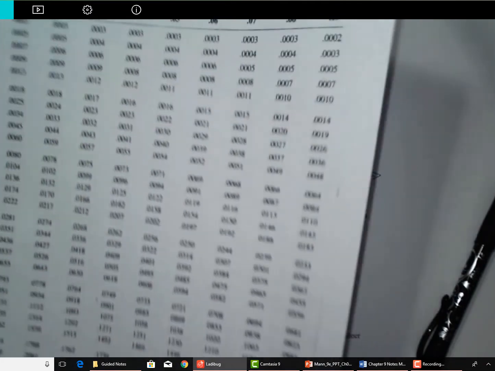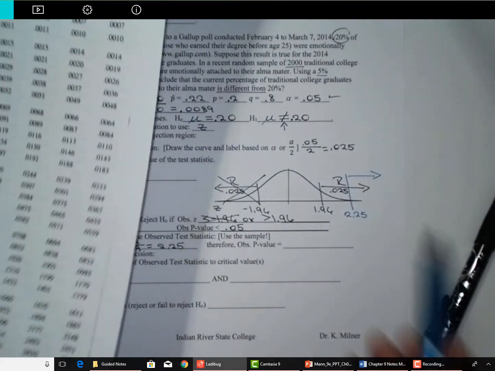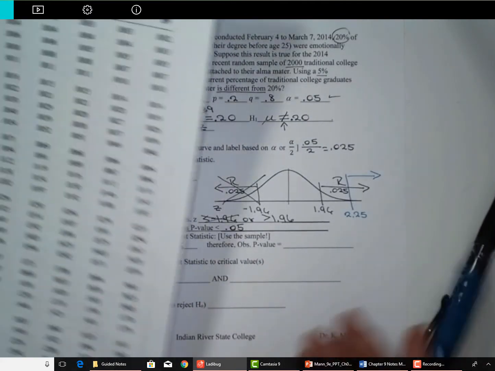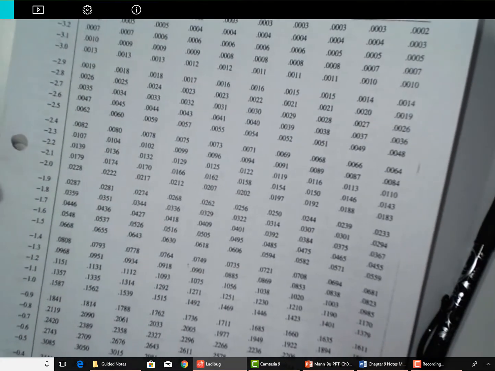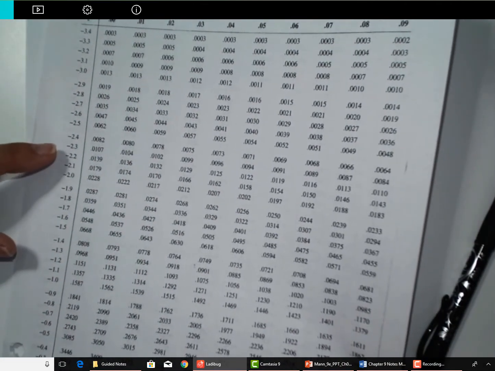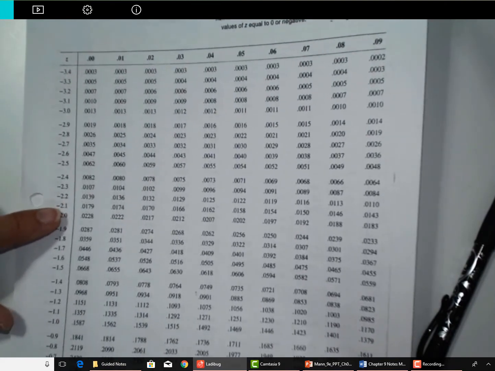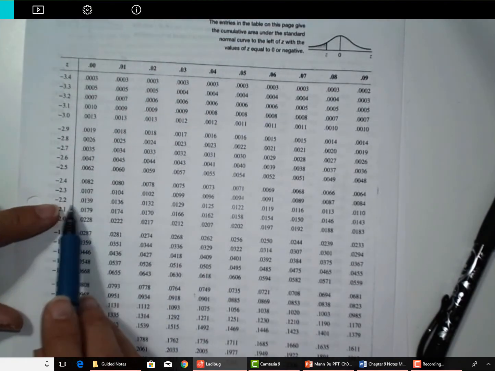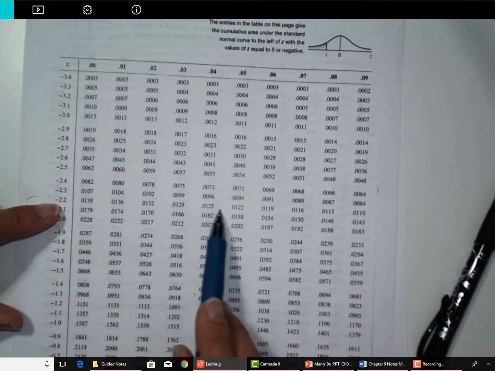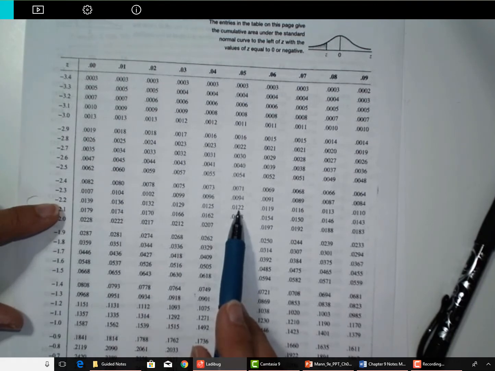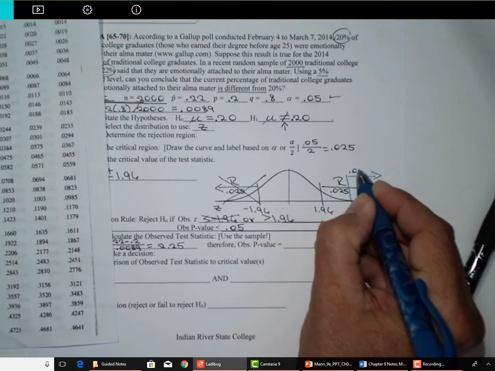And I'll look up the negative 2.25 because I only want the area in the tail. That's why I stay on this negative side of the table. Here's a negative 2.2. And if I go over to 5, here's the area I get, 0.0122. Okay, that's the area that's in this tail.